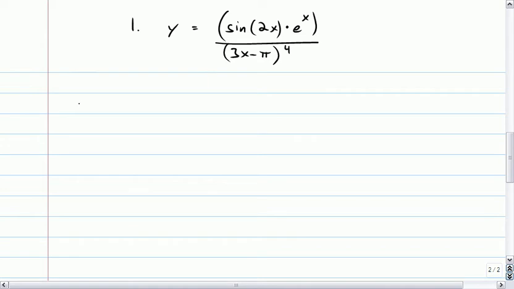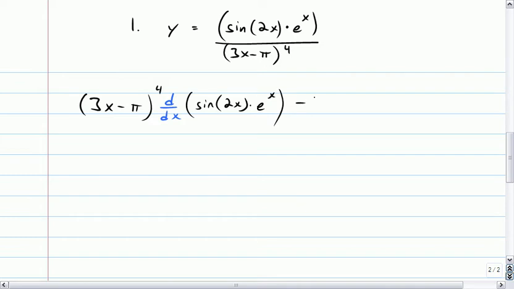So low, that's not so bad, so I just got to recopy 3x minus pi to the fourth. So there's my low. Now d high, I'm not actually going to compute it yet. I'm just going to say, hey, by the way, the derivative of the high. So there's my low d high, minus, I'm going to go high d low.